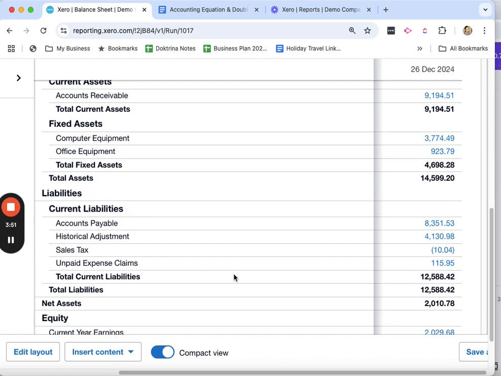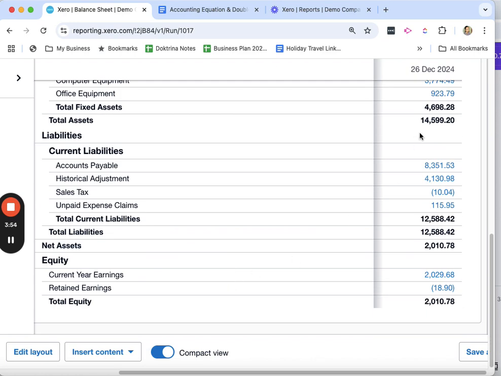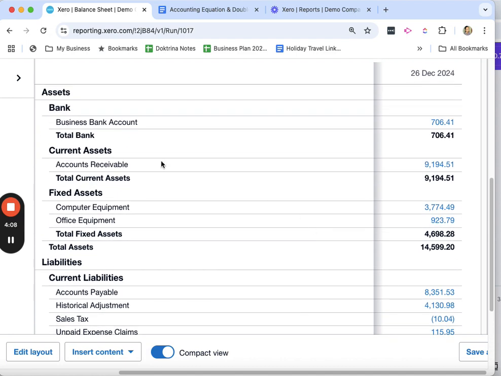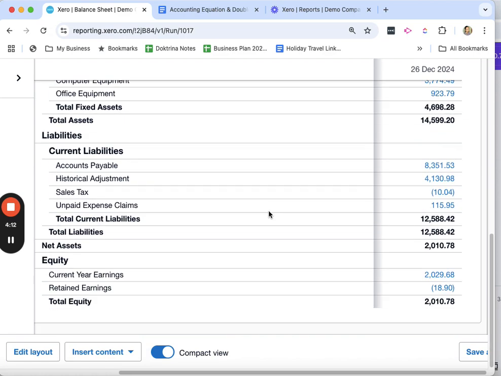Let's just say out of the 14,000 total assets of the business, 12,000 is owned by external parties and only 2,000 is owned by the owner. Let's repeat that. The total assets of the business is owned by two entities, outside parties and the business owner.